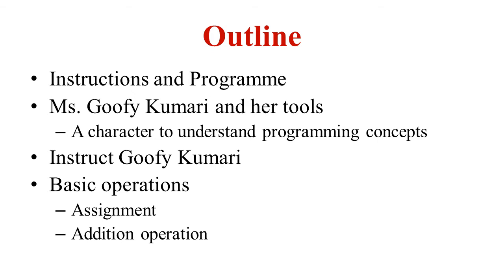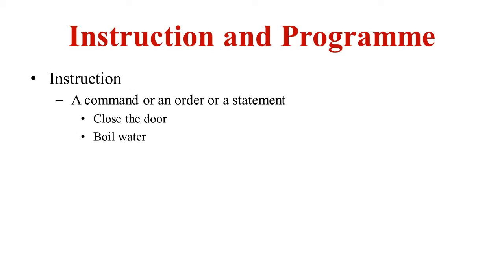So let's start with the first key term, that is instruction. As a layman, if somebody asks you what you mean by instruction, we normally say it is a command, it may be a statement, or it may be an order. For example, close the door, boil the water, or open up the door.